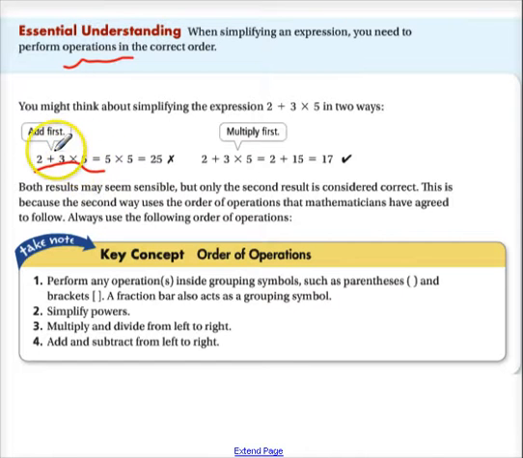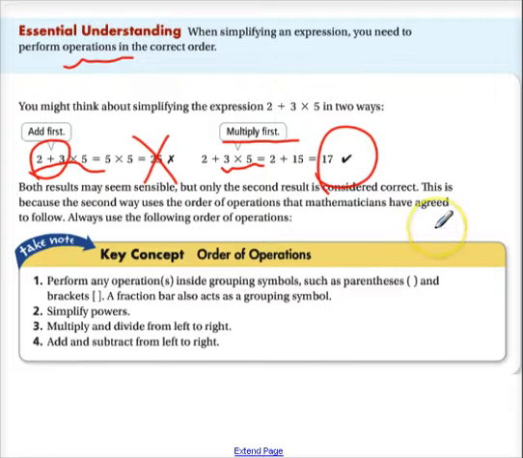An average person might look at this and add first. 2 plus 3 is 5 times 5, and they get 25. That's not the right answer because they didn't remember order of operations. We know we need to use multiplication first. So we actually multiply 3 times 5, which is 15, add the 2, and we get 17. So it's important to follow the steps.